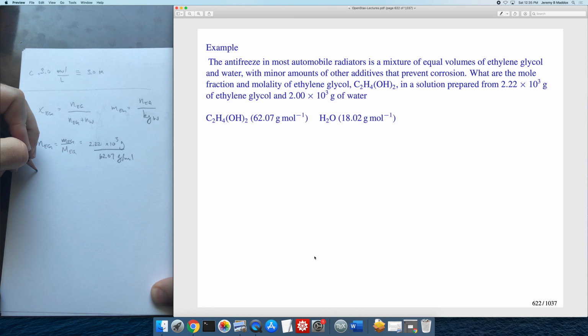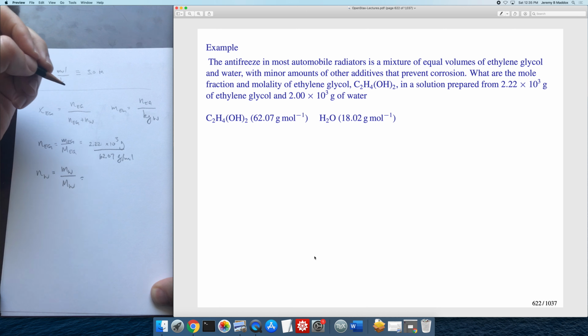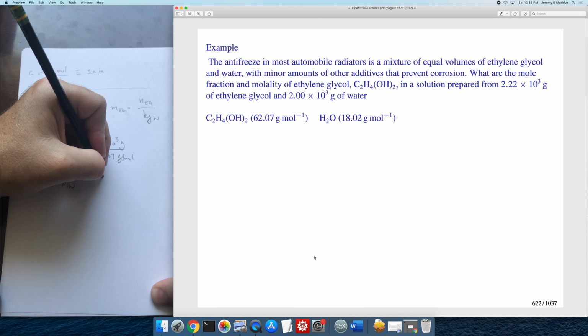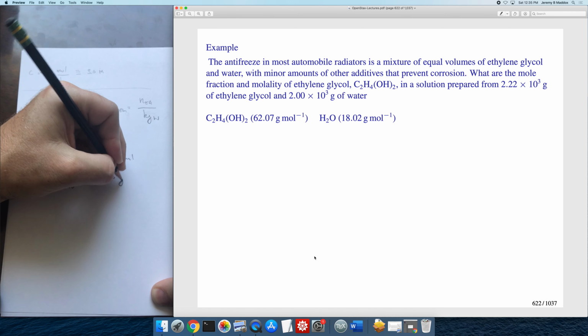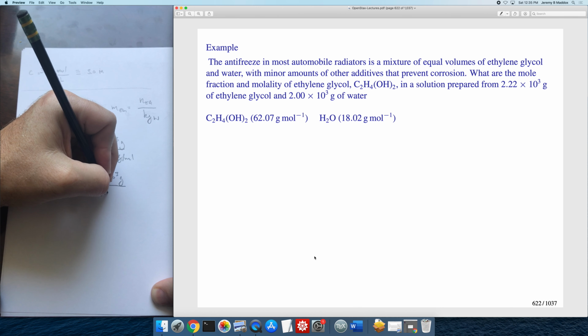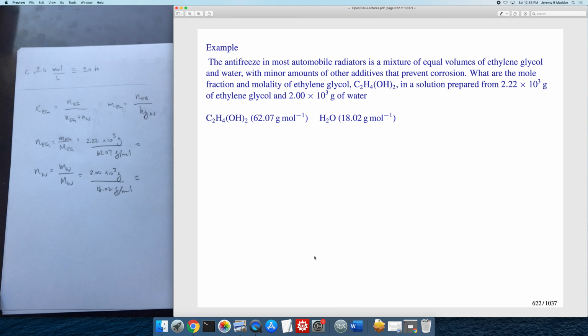I'm going to go ahead and set up the water calculation. And we've got 2.00 times 10 to the 3 grams of water divided by 18.02 grams per mole. So now we'll get these numbers here.